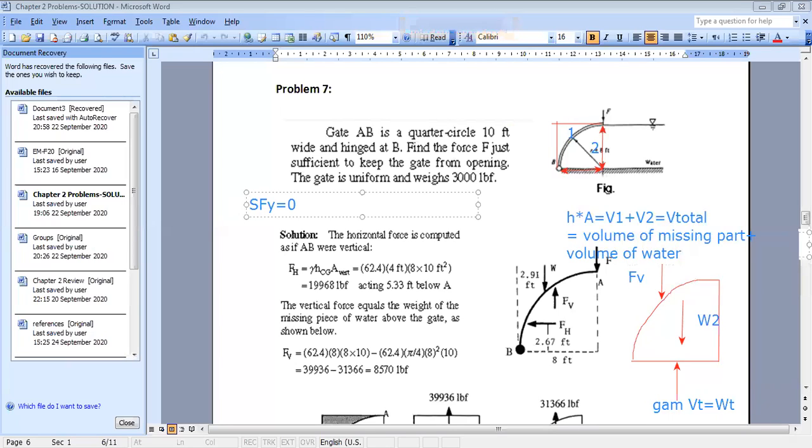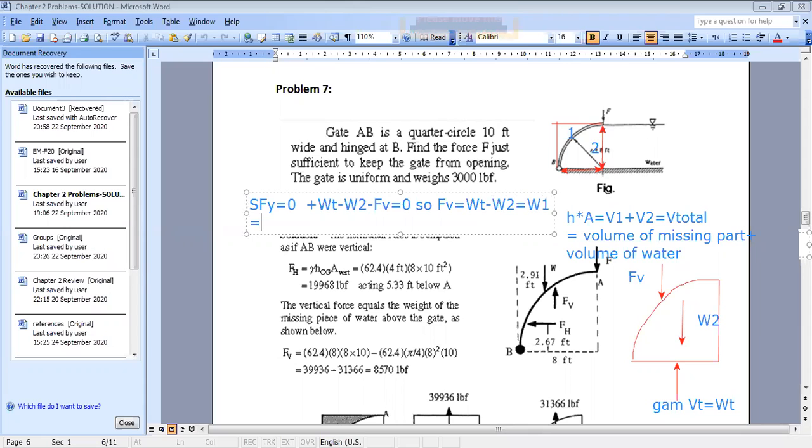What do I have along the Y direction? I have plus W total minus W2 minus FV equals 0. So I conclude that FV is nothing other than W total minus W2, which, if you look at the figure, is equal to W1.